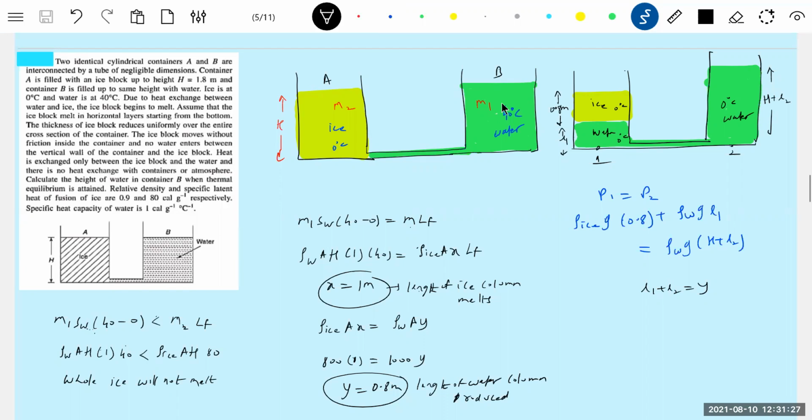Two equations I'll get. Solving this I'll get L1 plus L2 one value. Here L1 plus L2 should be equal to Y, or AL1 plus AL2 should be equal to AY. Solving this we'll get expressions for L1 and L2. Then H plus L2 is our answer. Somebody should work it out here.